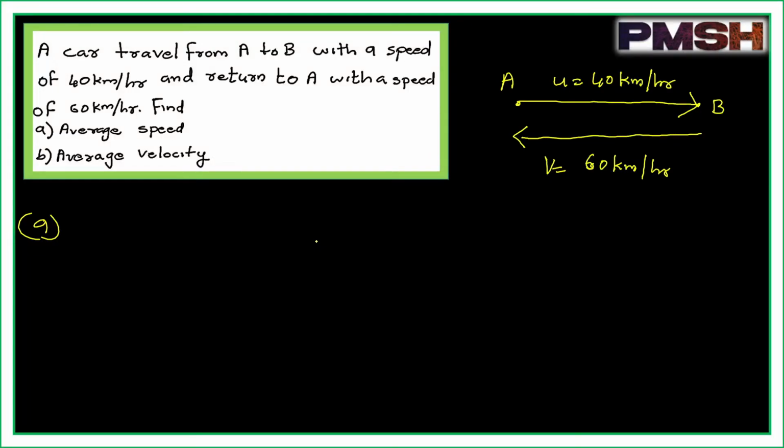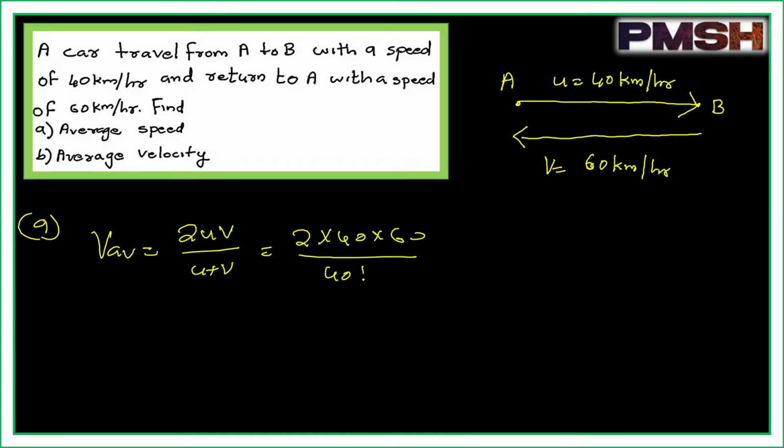Then out of the total distance, half is traveled with 40, the other half with 60. Can you get the idea? Then simply you can use the equation V average is equal to 2uv by u plus v, that is 2 times 40 multiplied by 60 by 40 plus 60. That is going to be 48 kilometer per hour. Clear? Because this is the second case.